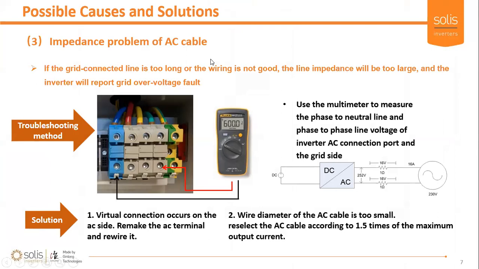If a virtual connection occurs on the AC side, remake the AC terminal and rewire it. Also, if the wire diameter of the AC cable is too small, we should reselect the cable according to 1.5 times the maximum output current, so that the impedance problem diminishes.